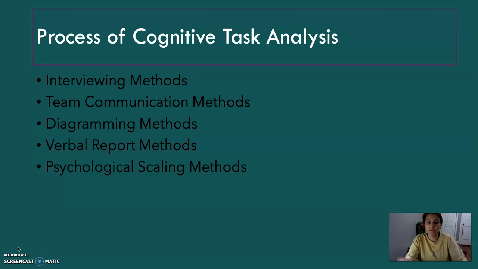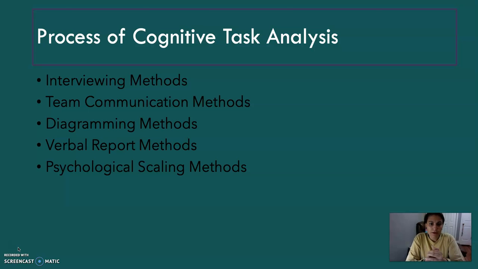You can observe and record team communication and analyze the mental processes for the tasks that they're completing. The third one is diagramming methods, and these diagrams represent tasks, and they can show the steps taken in task completion.